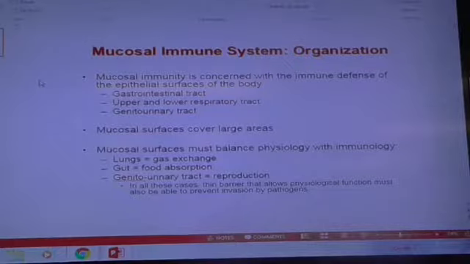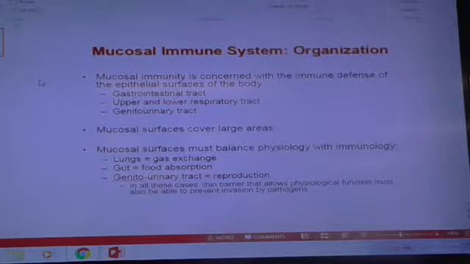Mucosal immunity, immunity at mucosal surfaces. Mucosal surfaces are extensive in the body. If you look at the surface area, they are more than what we see outside the body.